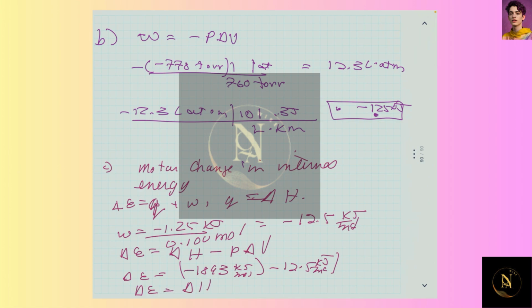That'll equal negative 1893 minus negative 12.5, and this will be negative 1906.